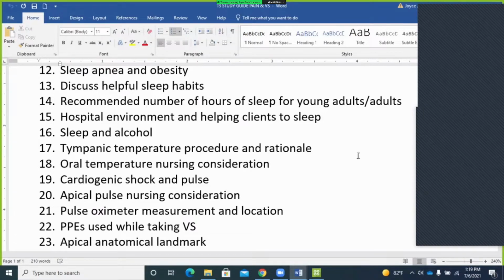Cardiogenic shock and pulse. What do you expect? What's your pulse when you're going into cardiogenic shock? What is cardiogenic shock anyway? When you're shocked, your pulse will rise.